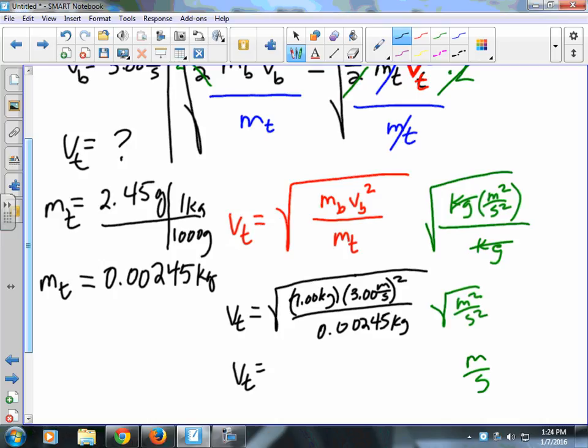Oh, wait, never mind. I did it wrong. Sig figs, 3. Okay, so we need a decimal there, right? Yeah, everything in here's got 3 sig figs. So 160 meters per second, we already established that.